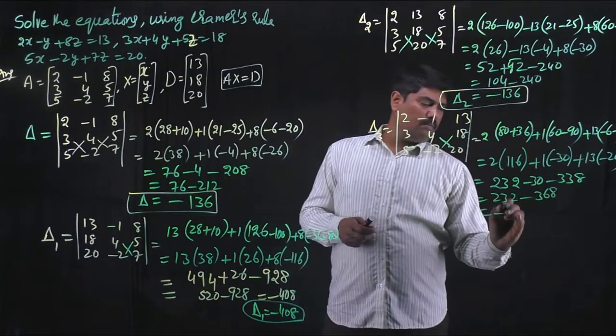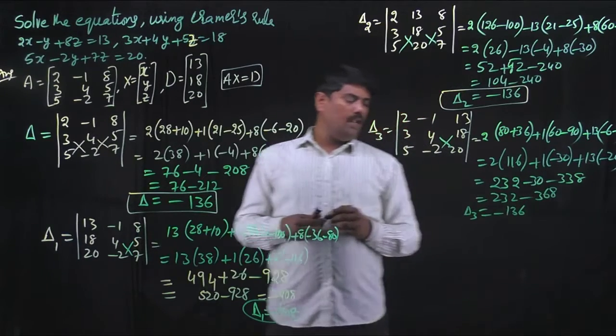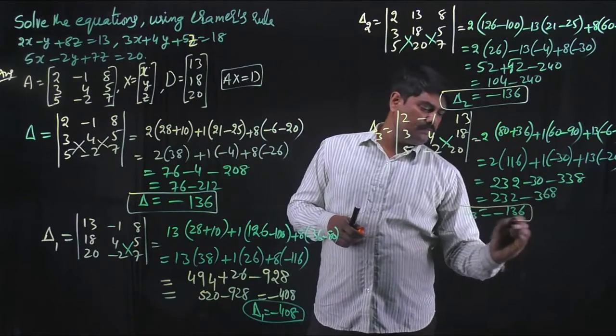So this is again minus 136. So the value of delta 3 is also minus 136.